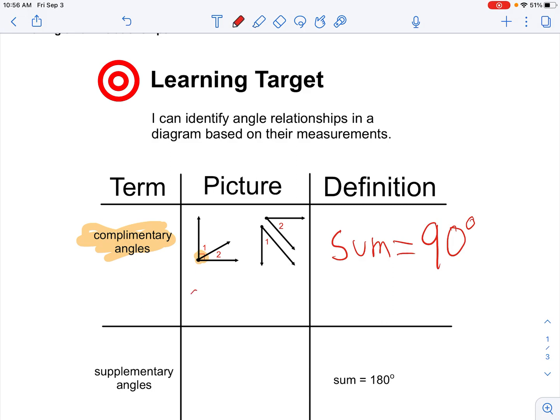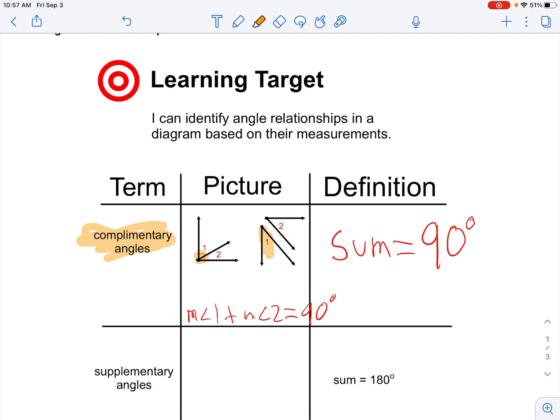So that's like saying angle 1 plus angle 2 equals 90 degrees. And again, just to be correct, I should have said the measure of angle 1 plus the measure of angle 2 equals 90 degrees. So sometimes they're going to be together and shown with a right angle.